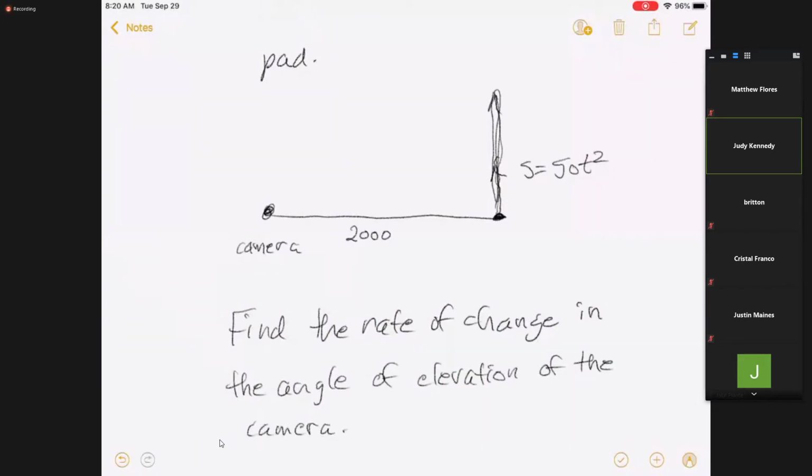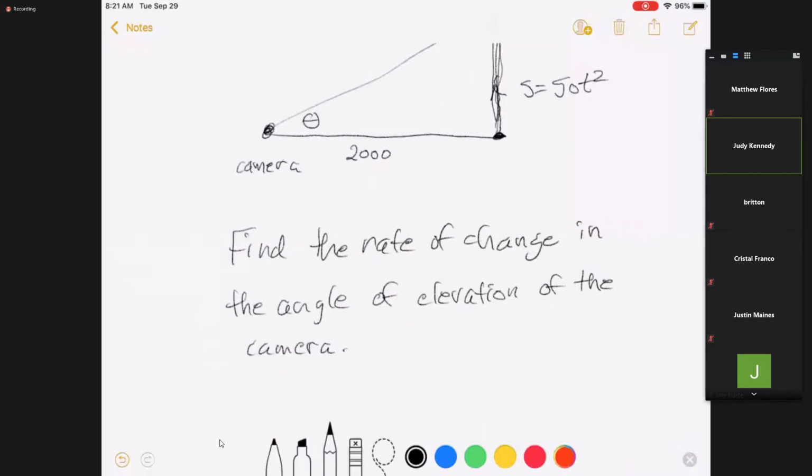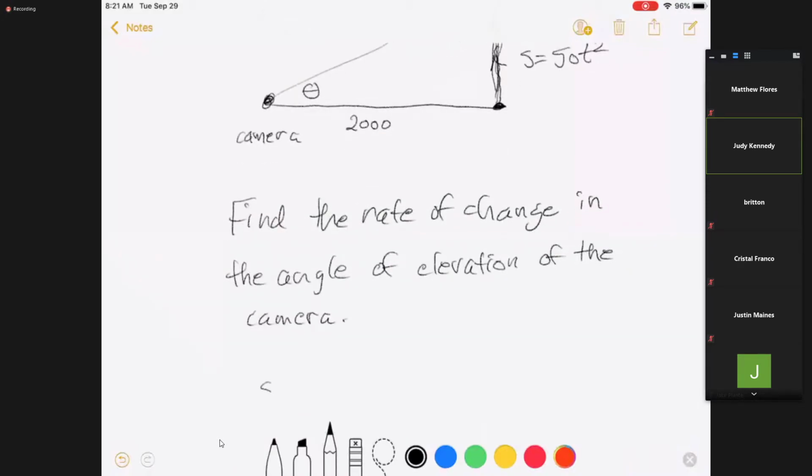Okay, so as S changes, the camera is going to have to point higher, right? So that angle's changing. Theta is changing. S is changing.